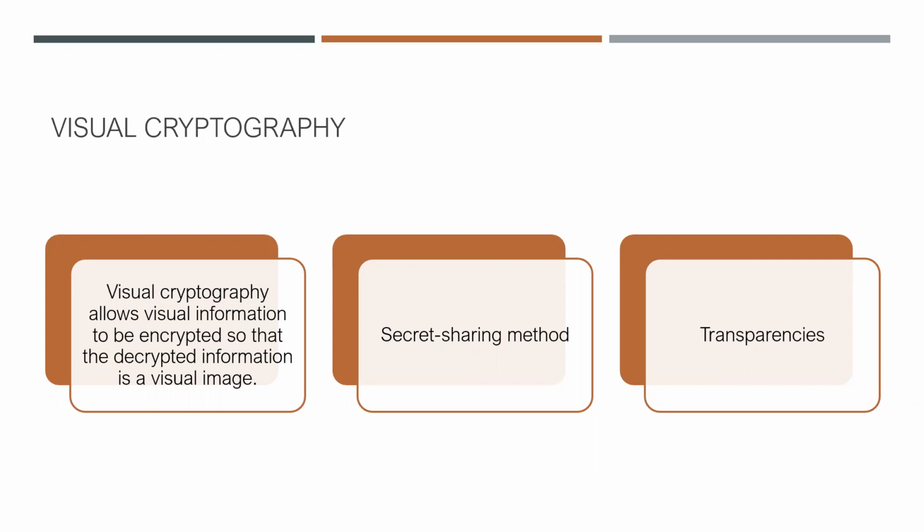So where did it start? Naor and Shamir in 1994 presented the first method called the secret sharing method, where an image is broken into n different shares. Even if we have n-1 shares, it is not enough to decrypt and get the original image.